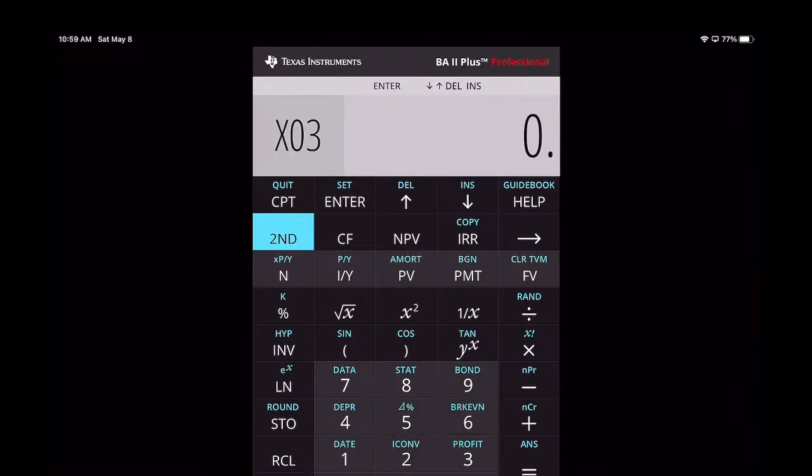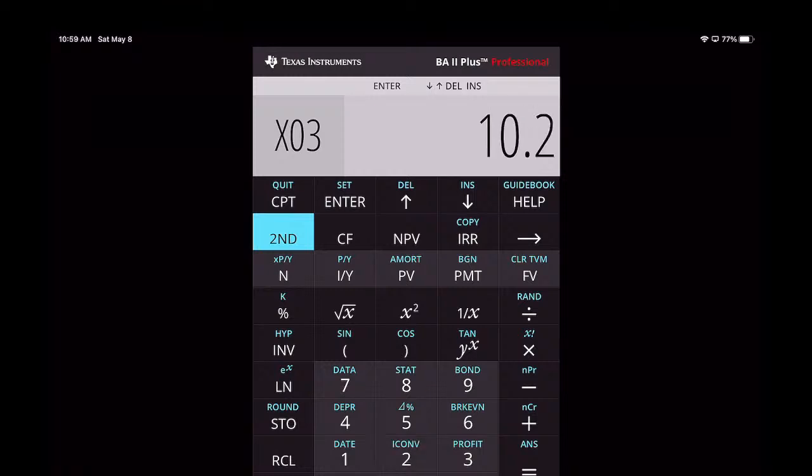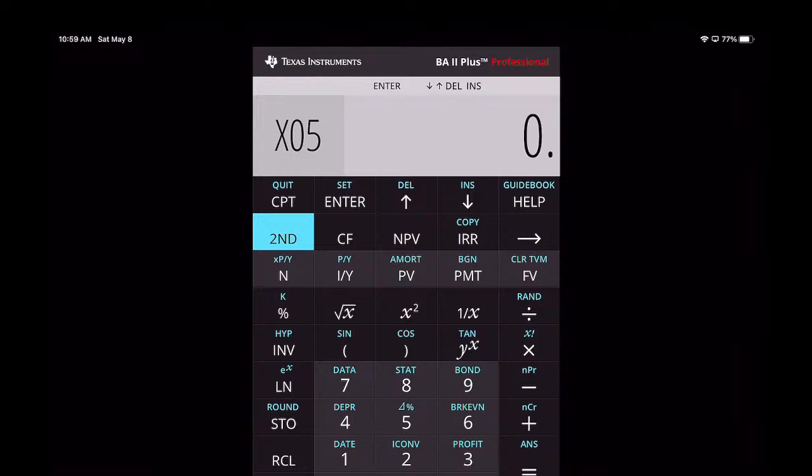Skip over y. Then 10.2, enter. 15.2, enter. And 11.1, enter.